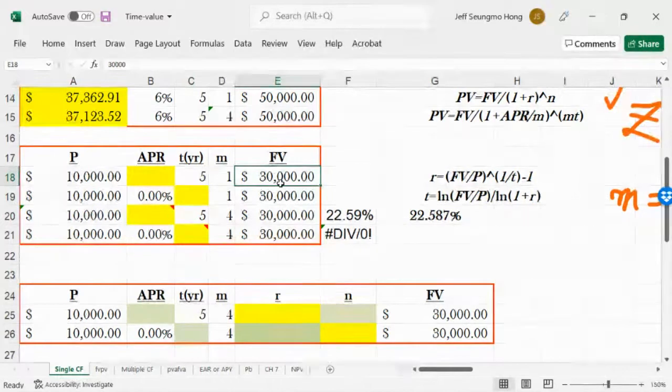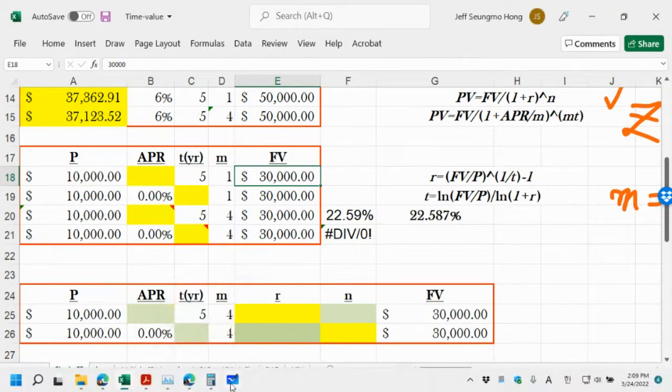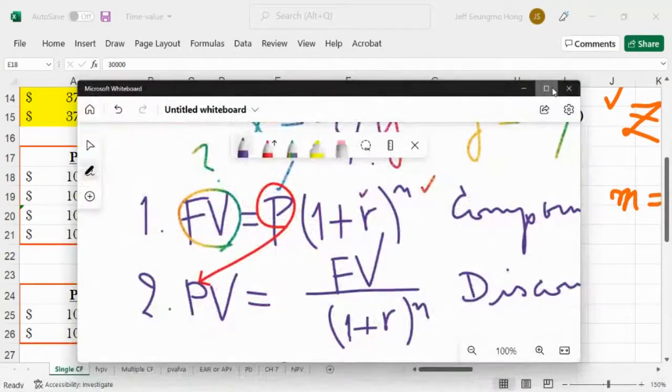Five years later, you want to have $30,000. So this is the target future value. Then the next question is, what should be the APR, the rate, in order to grow 10K to 30K in 5 years? That's quite a plausible question. How do we solve for R?